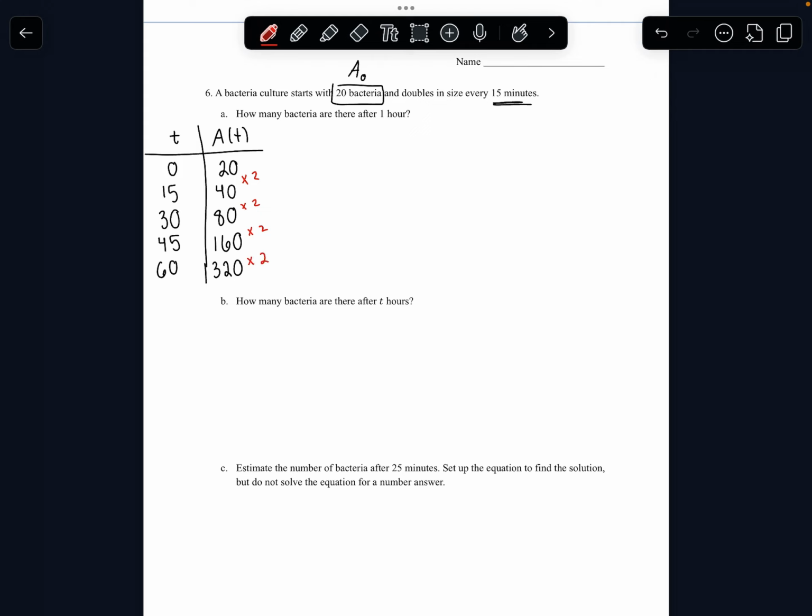I went up to 60 because we're asking about 1 hour. So after 1 hour, there's 320 bacteria. Cool. All right. How many bacteria are there after T hours?